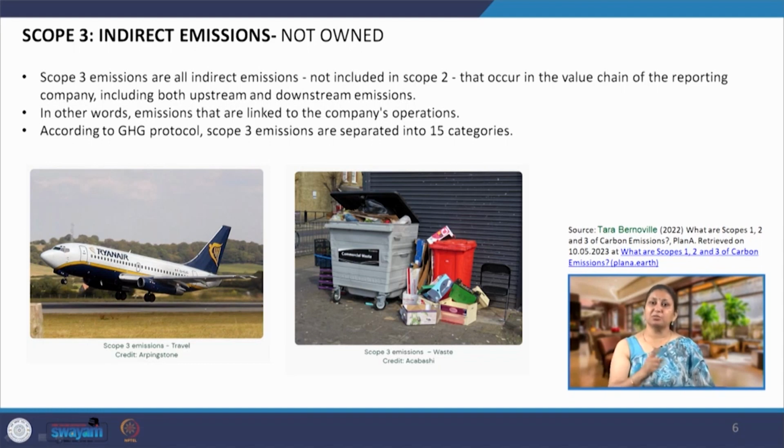So, if I am able to handle my scope 1 and 2, and every other company is able to reduce their scope 1 and 2 emissions, together we will collectively be addressing scope 3, because the product being manufactured here is part of the upstream or downstream value chain for some other company.